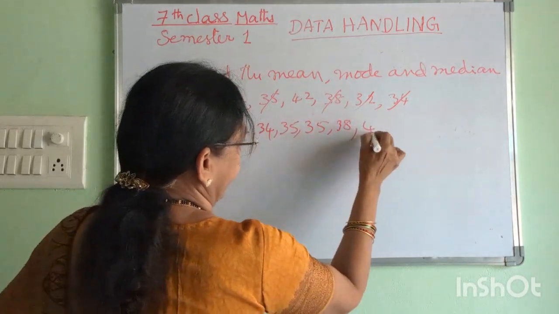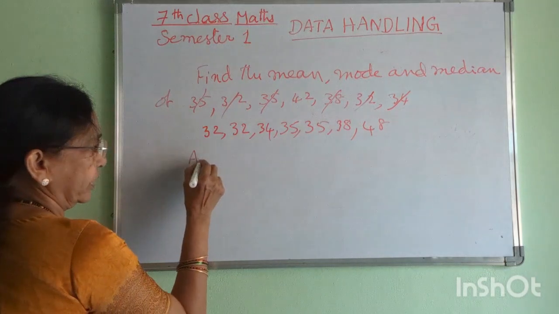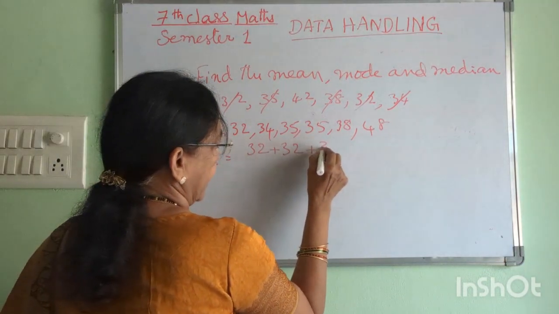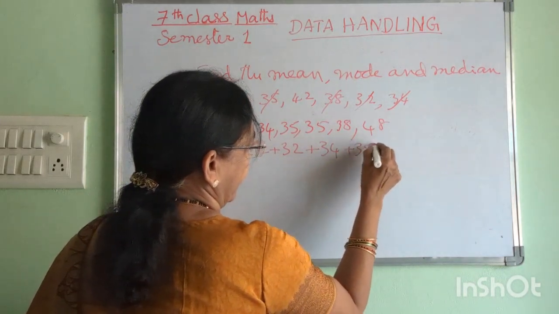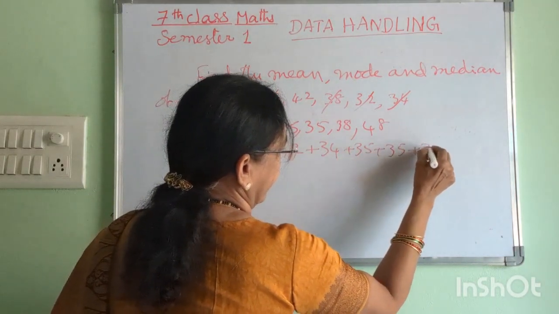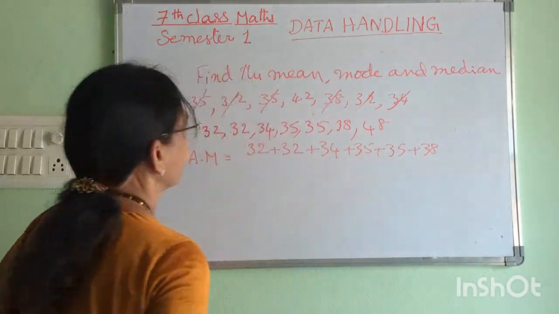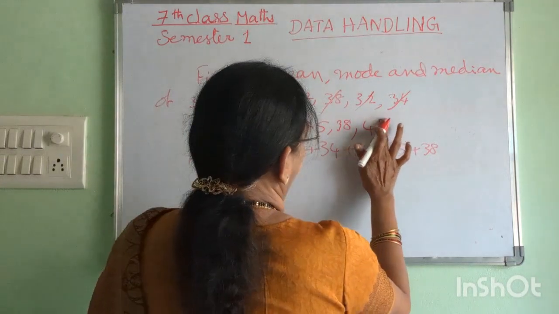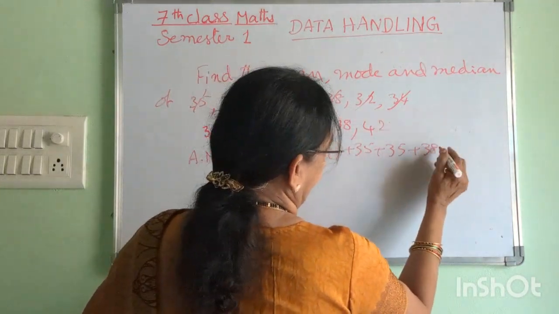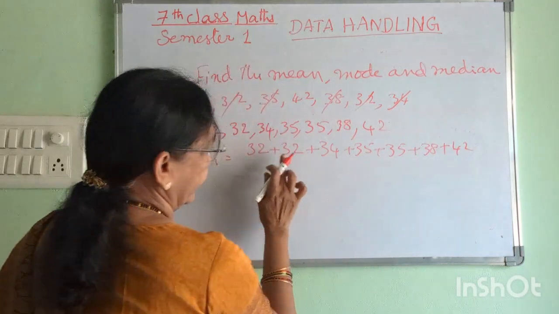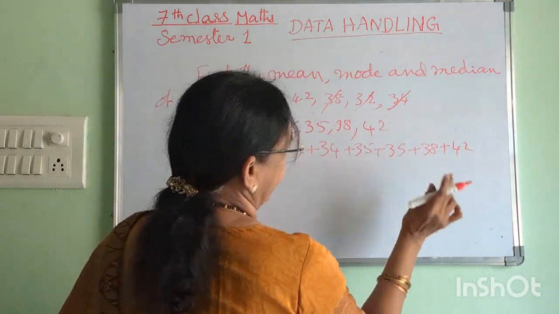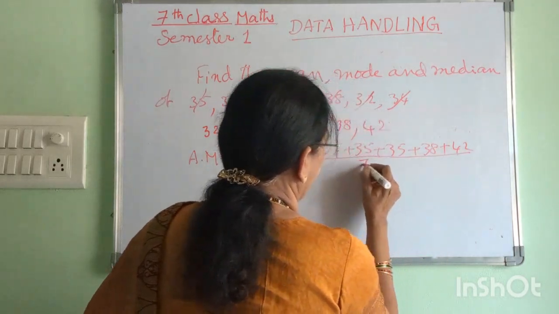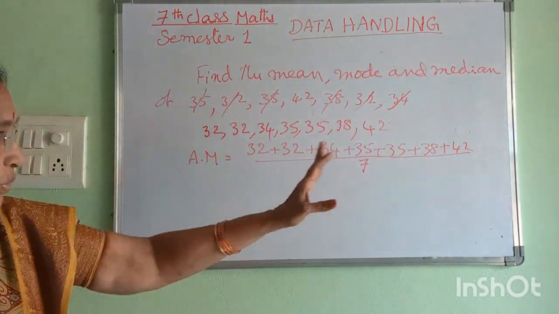And next 42. So the arithmetic mean, or simply mean, is equal to 32 plus 32 plus 34 plus 35 plus 35 plus 38 plus 42, 7 observations, divided by 7.